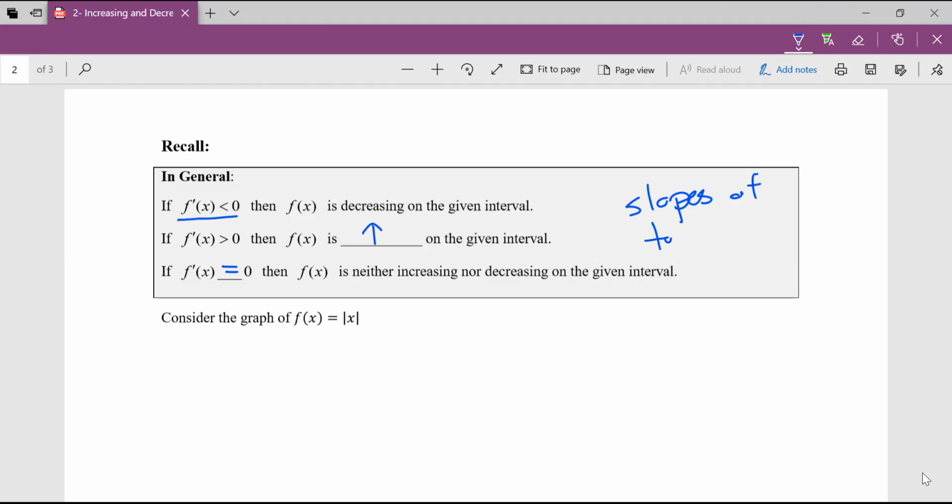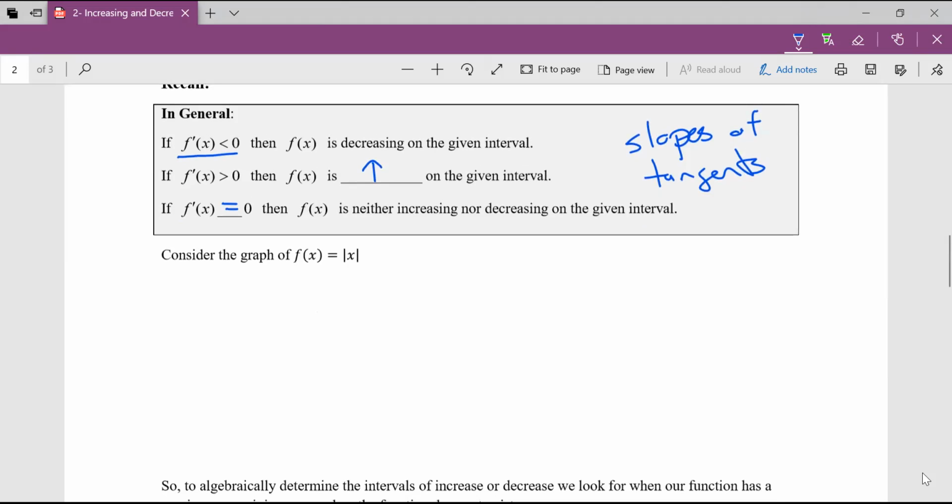Visually, the derivative is all these slopes of these tangent lines. Now, the interesting part is this last part, where f prime at x is equal to 0. What we saw in the last video is that's a really important thing that's happening here.